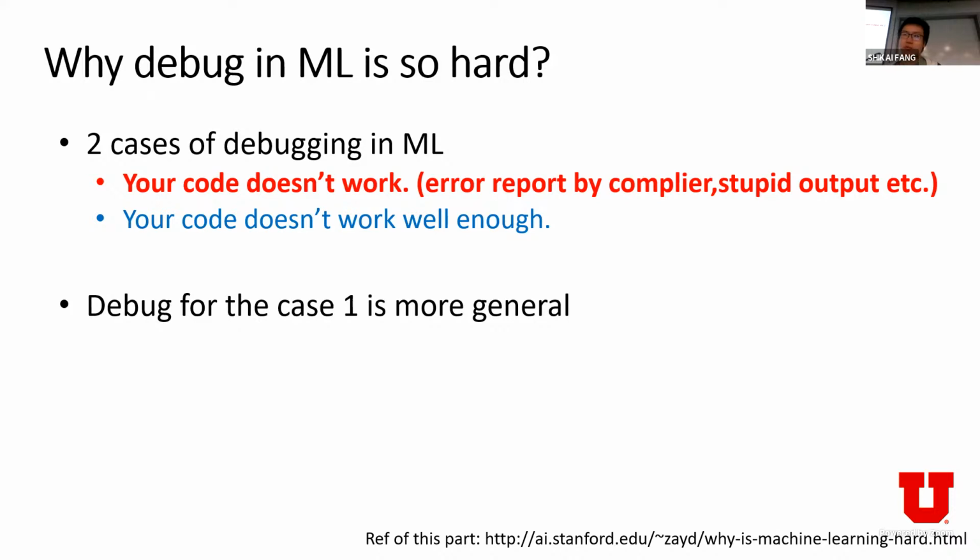It gives very poor results and poor performance. The debugging for case 1 is more general because it's not limited to machine learning coding, but other computer science coding, where you will meet the same case. So let's focus on the first case: your code doesn't work in your machine learning project or assignments.